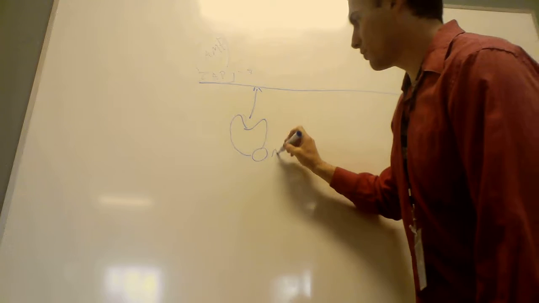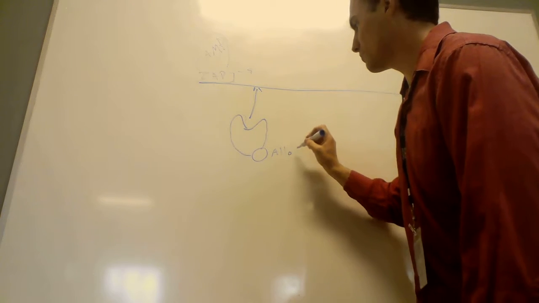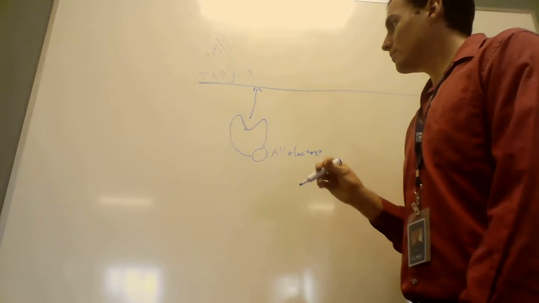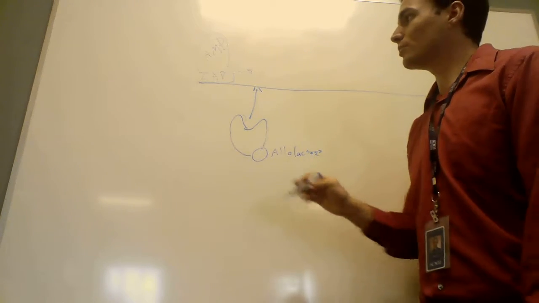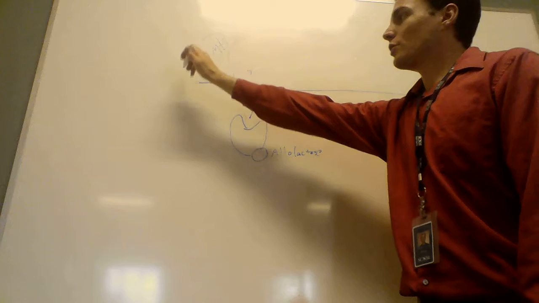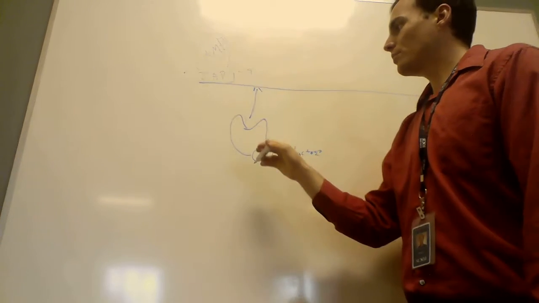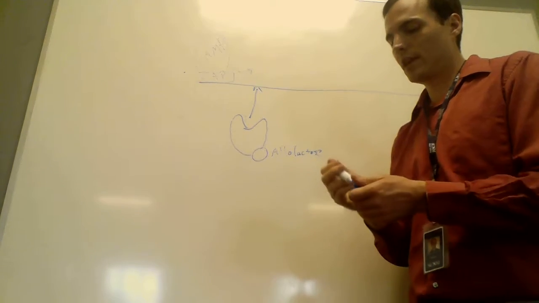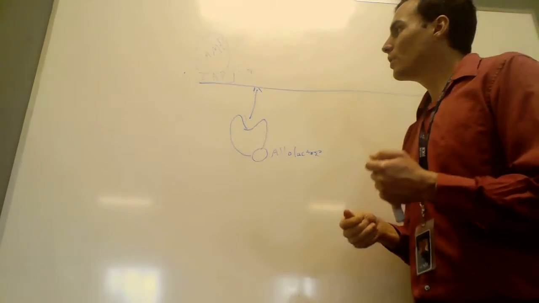Allo meaning other, as in other form of lactose. And there you go. So you turn on the go button with cAMP. You get rid of the garage door, the off button, with allolactose. And that is literally all that there is.